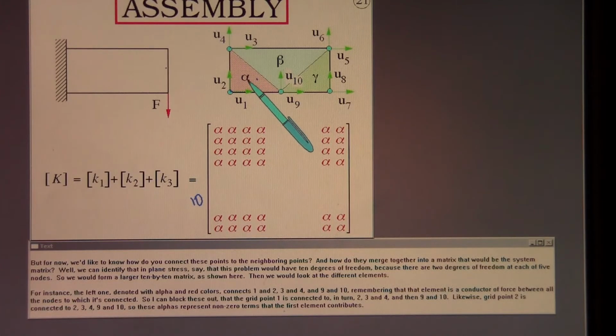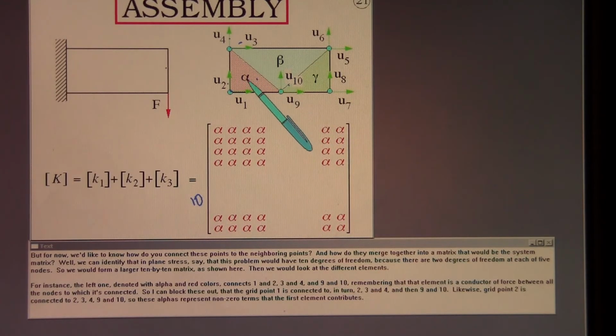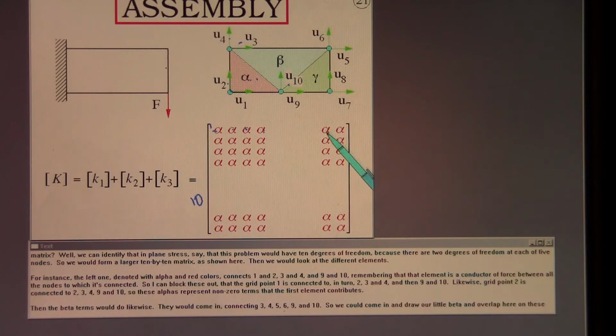For instance, the left one denoted with alpha and red colors connects 1 and 2, 3 and 4, and 9 and 10, remembering that that element is a conductor of force between all the nodes to which it's connected. So I can block these out, that the grid point 1 is connected to, in turn, 2, 3, and 4, and then 9 and 10. Likewise, grid point 2 is connected to 2, 3, and 4, 9, and 10.